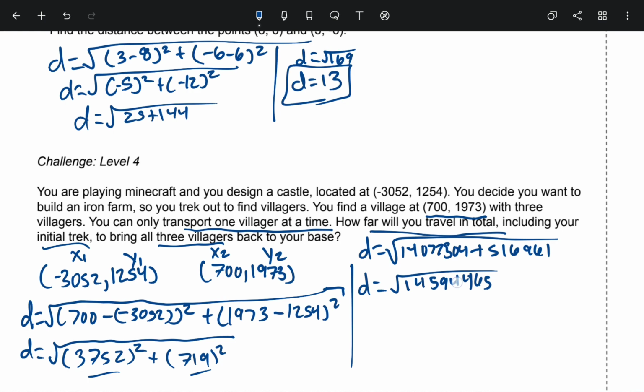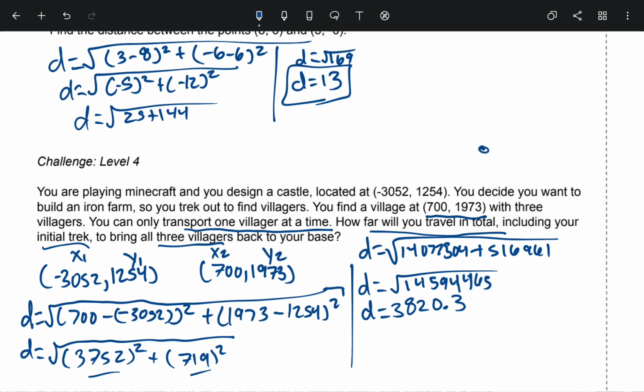And here we go. We still got a pretty big number, but now we're going to take the square root of that and go ahead and round off at the tenths to get 3,820.3.